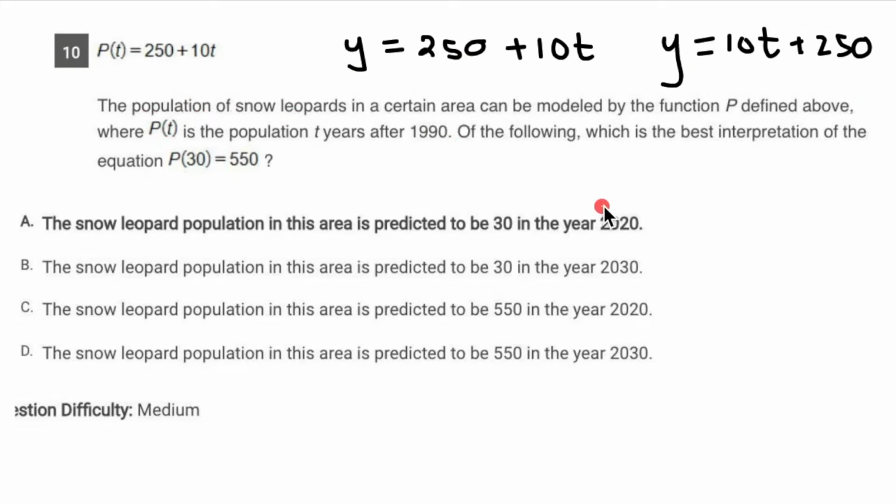So it says the population of snow leopards in a certain area can be modeled by the function P defined above, where P of t, that's how you say it, P of t is the population t years after 1990. Which of the following is the best interpretation of P of 30 equals 550? So they want to know t years after 1990.